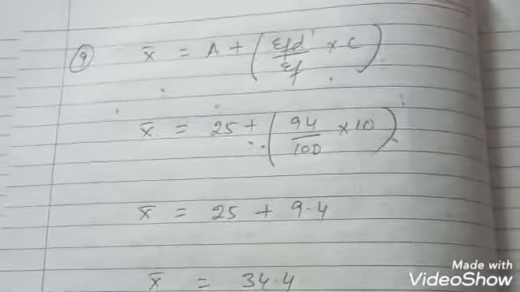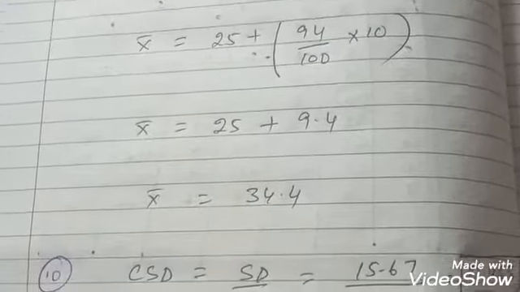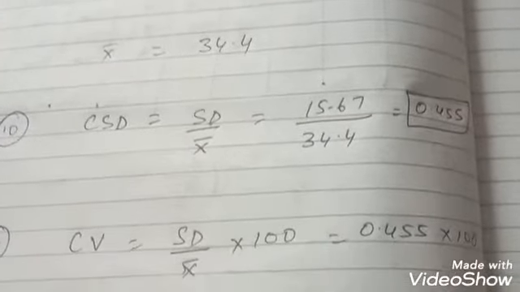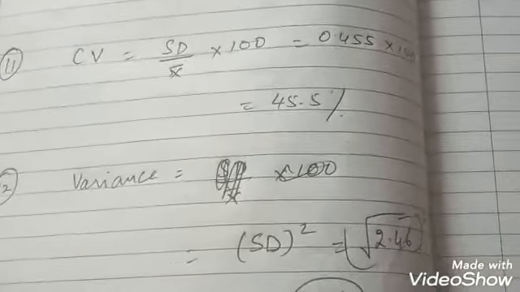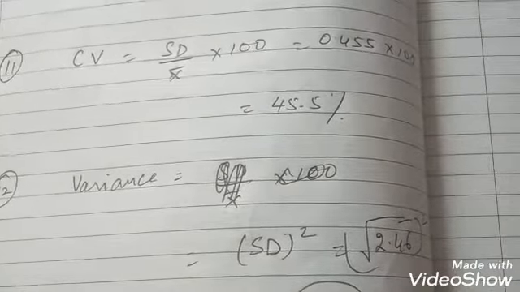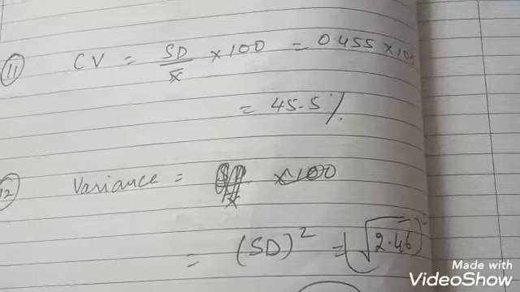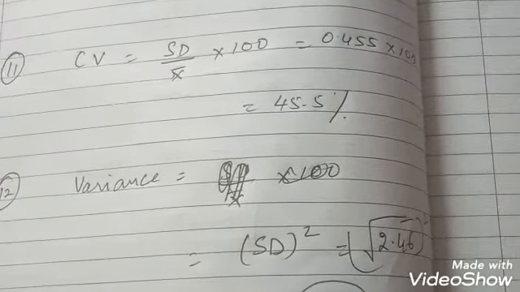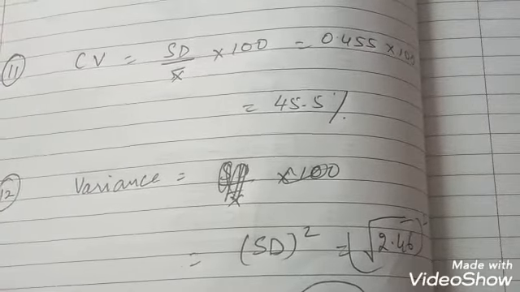Right, this is actual mean, CSD, CV and variance. So children, we are done with standard deviation in all the three methods, in all the three series with all the three methods.